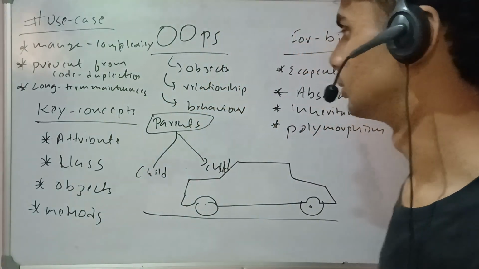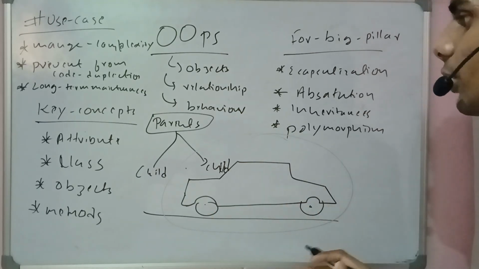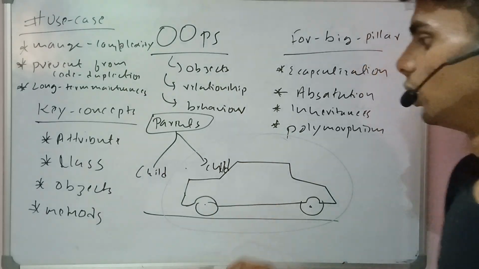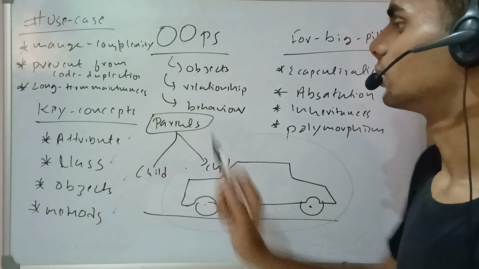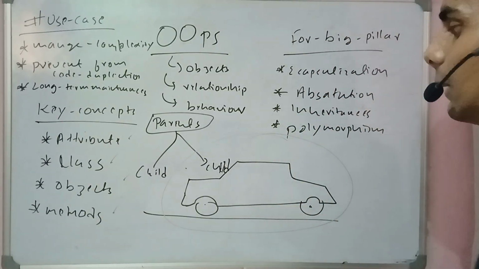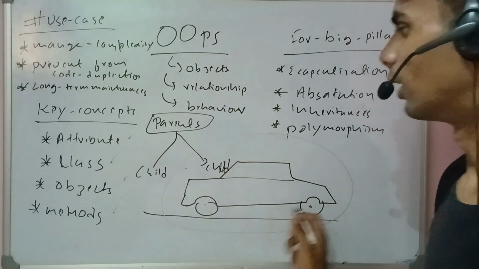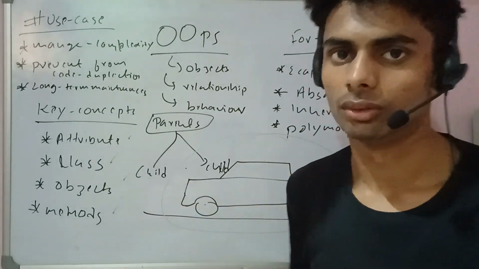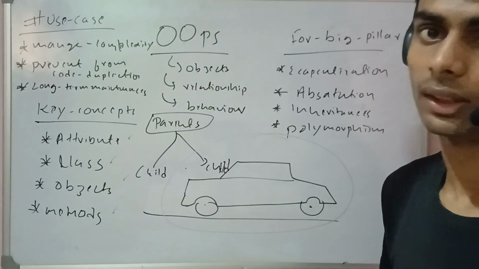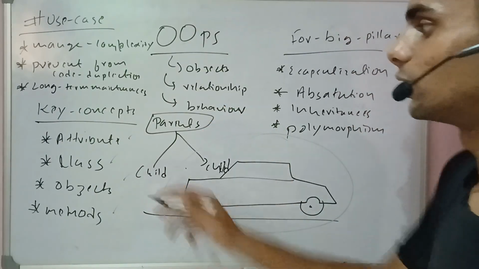Let's try to understand this with a concept. Let's suppose this is a car. In this car we try to understand how object methods and class attributes work in object oriented programming. The car has attributes, where you keep all the information, like the color of the car, the design of the car, and how the car looks. That's the attribute.